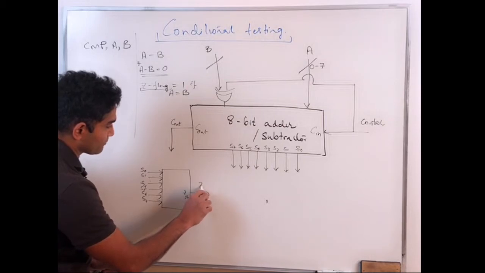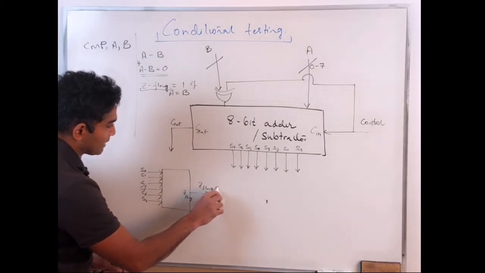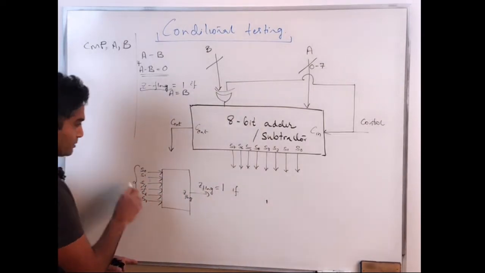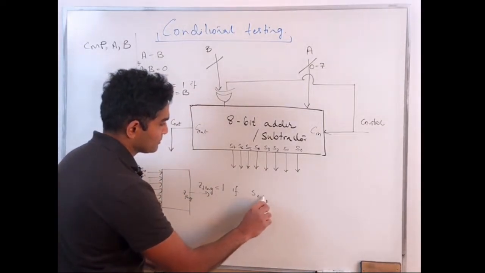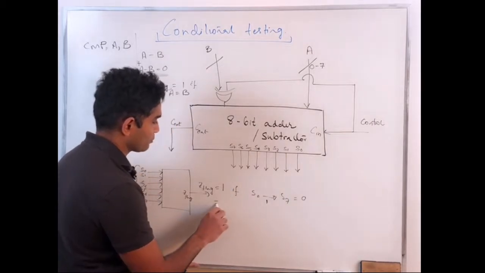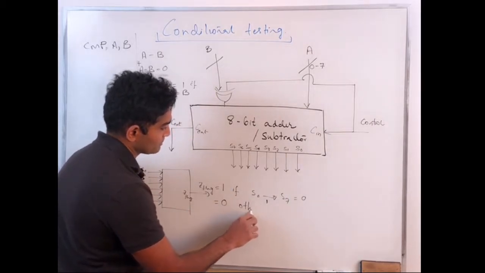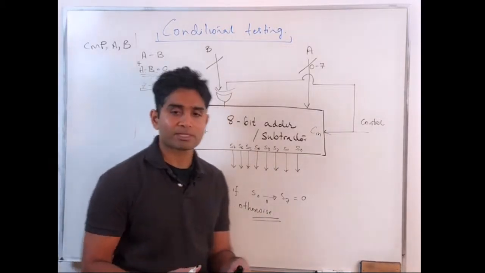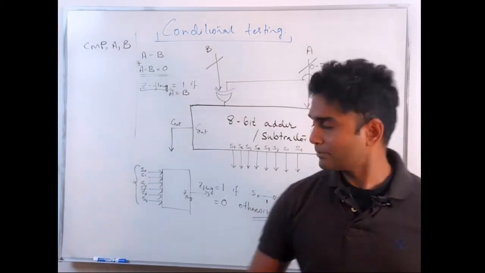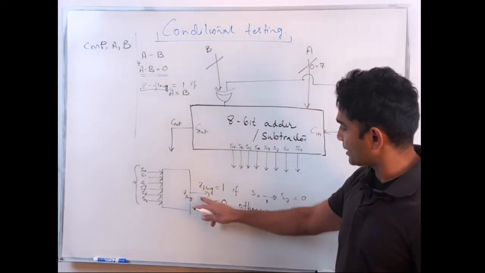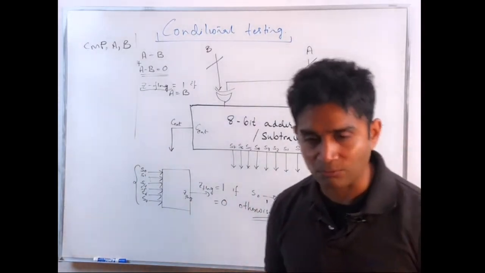That's your output, the Z flag. The Z flag should be 1 if all these inputs, S0 through S7, are 0, and equal to 0 otherwise. Does it make sense? That's how I would construct my Z flag. Whatever circuit goes here would be how I obtain my Z flag. My flags are 1-bit indicators.